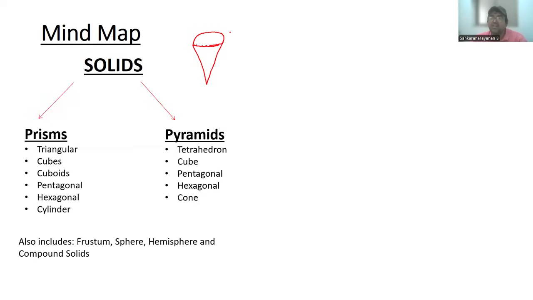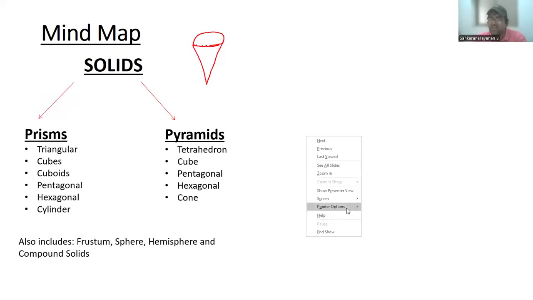It's something like a hemisphere mounted on a cone. Then you get a top. It's a compound solid. Like that, we can think about various combinations. Toys and other things with which you would have played would have been compound solids. So their measurements we are going to consider. So make a note of this.